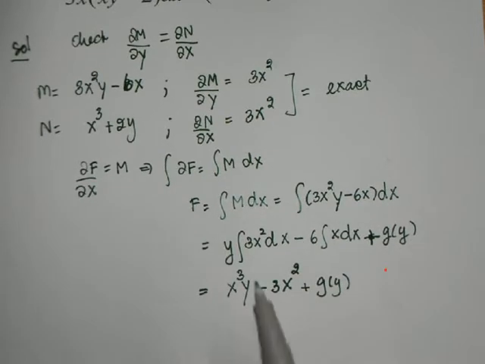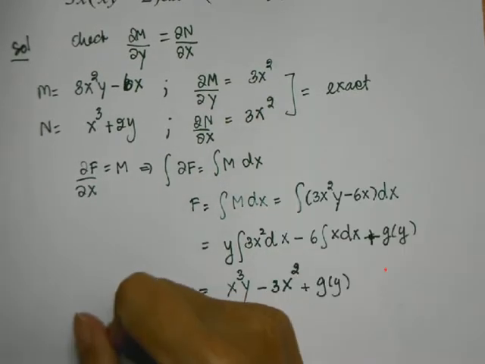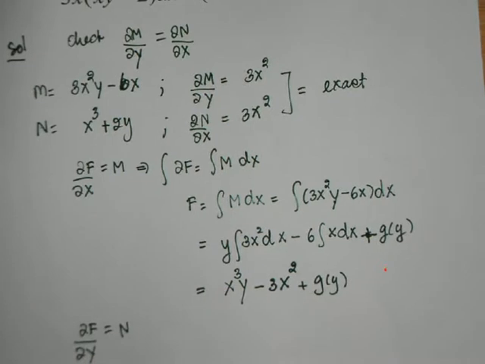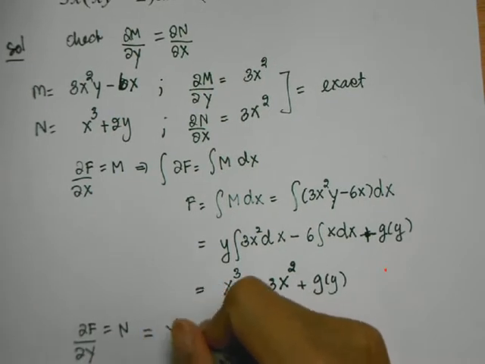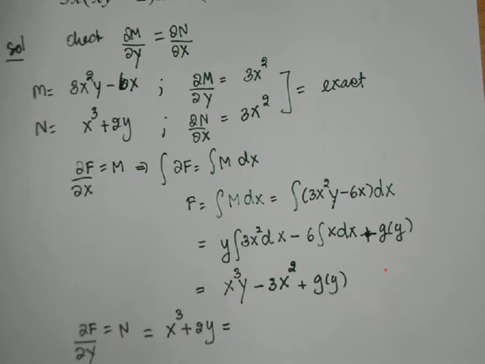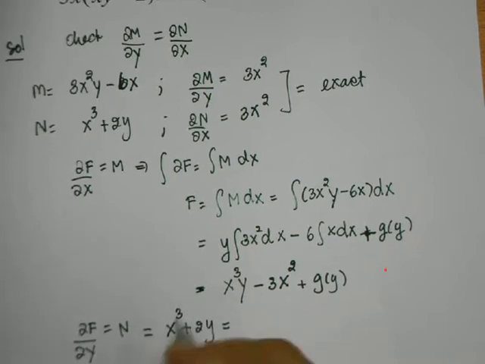We can find g(y) from this definition. And our n is equal to x to the power 3 plus 2y, right? What we have to do is differentiate this f with respect to y. We know that our f is equal to x to the power 3 times y minus 3 x squared plus g(y).